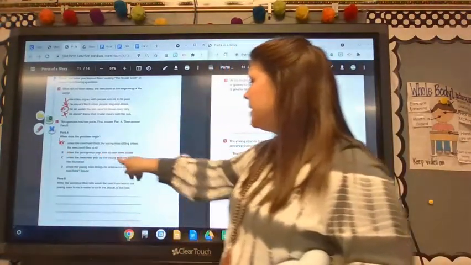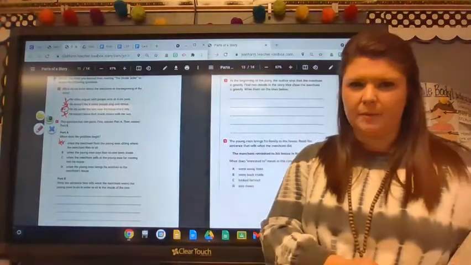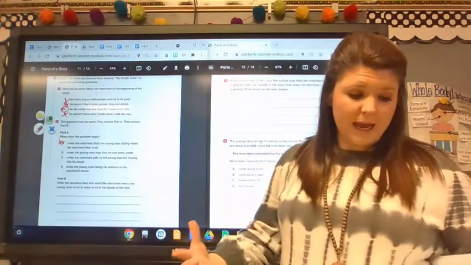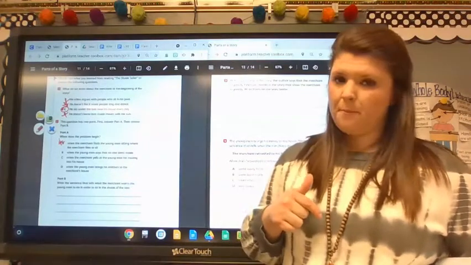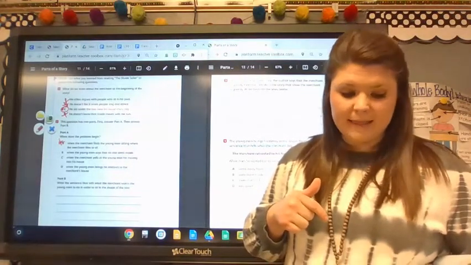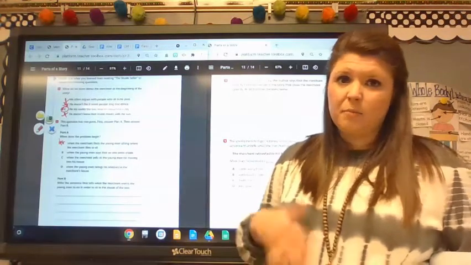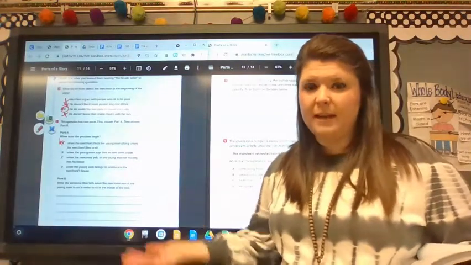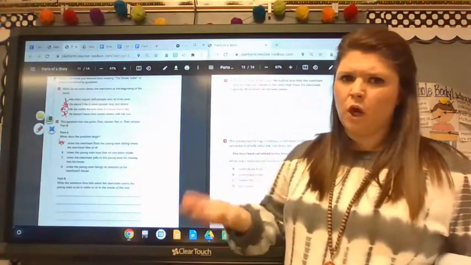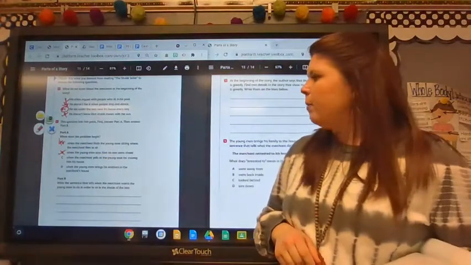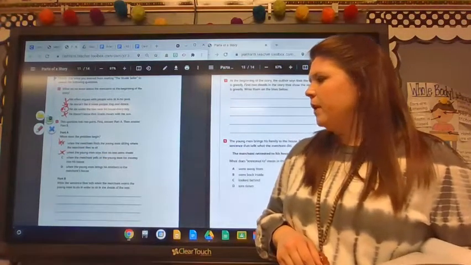B, when the young man says that no one owns shade. Is that where the problem starts? Or did that happen after the problem? That happened after the problem, right? The merchant said that he owned the shade, and then the man said, no, nobody does. So that can't be it. That happened after. C, when the merchant yells at the young man for moving into his house.